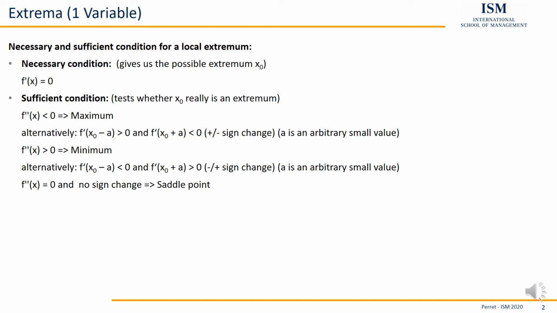And a final comment. The necessary condition gives you potential extrema. However, you could get a potential extremum which is an invalid solution. What does this mean? Well, it could be that you get a solution which, if you were to insert it in the original function, might actually pose a problem because it's not in the domain of the original function.